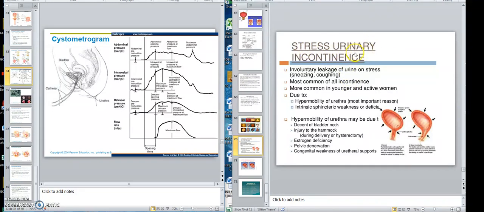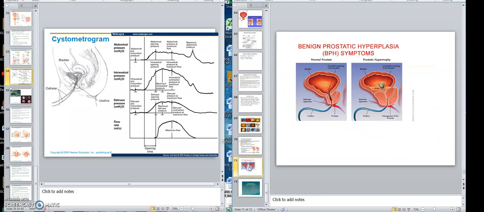Now, I mentioned one of the most common perils of the female, stress urinary incontinence. For the male, one of the major perils is something called benign prostatic hyperplasia, BPH. It's a benign condition, and basically the prostate gland enlarges. Remember, for the male we had a prostatic urethra. If the prostate got too big, it would compress it.